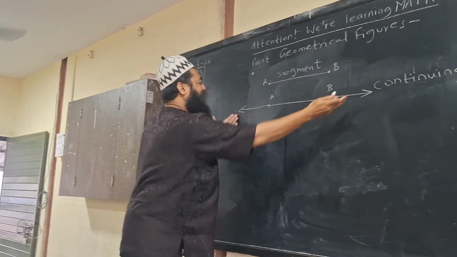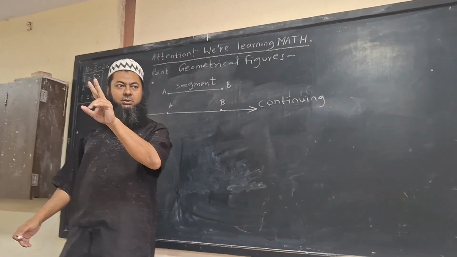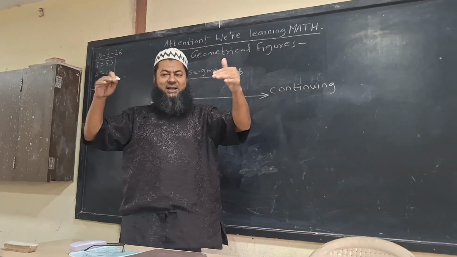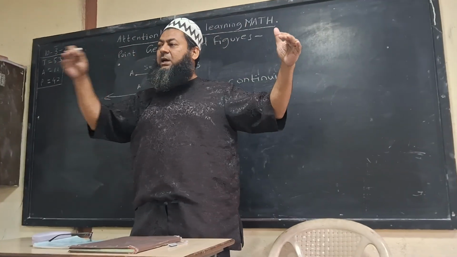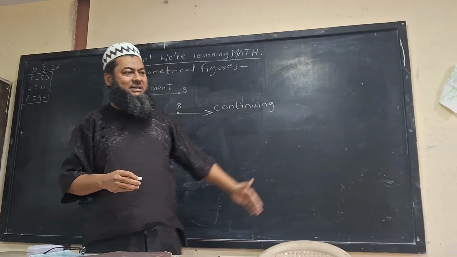It has got two arrows. The two arrows mark the continuation of the line. The line is going infinitely this side, infinitely that side.